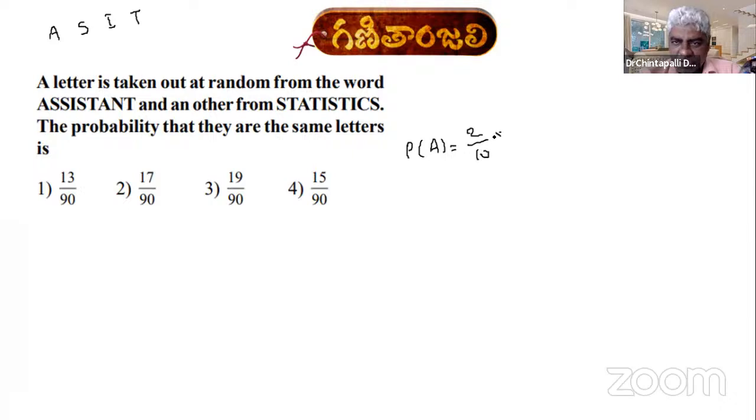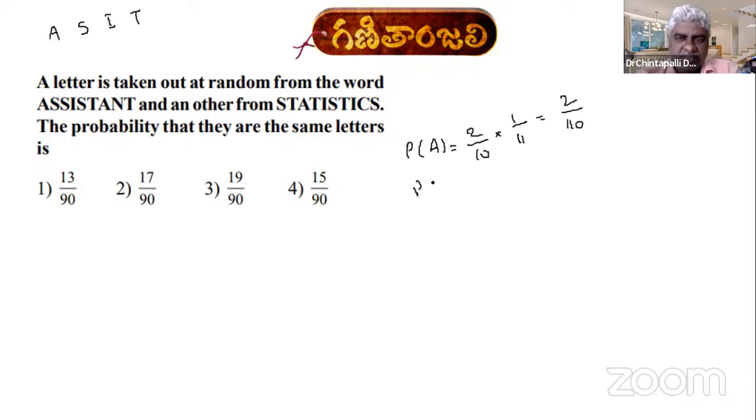The letter must be A from assistant and A from statistics. The probability of A from assistant is 2 by 10. What is A from statistics? 1 over 11. It is 2 by 110.